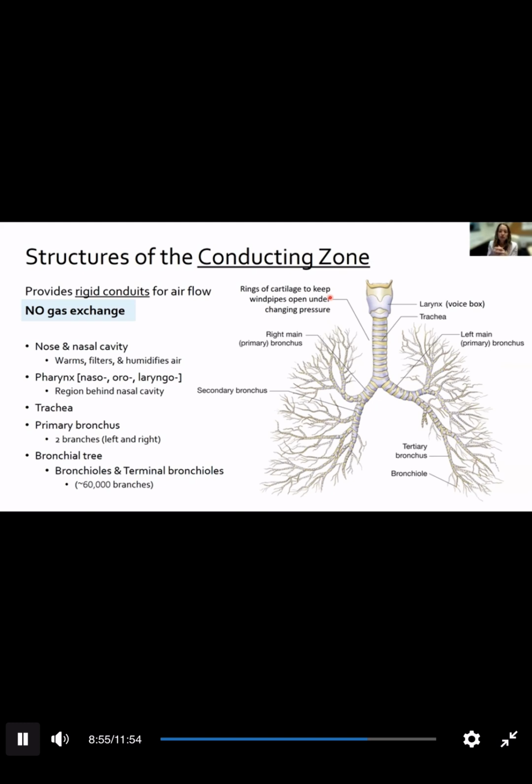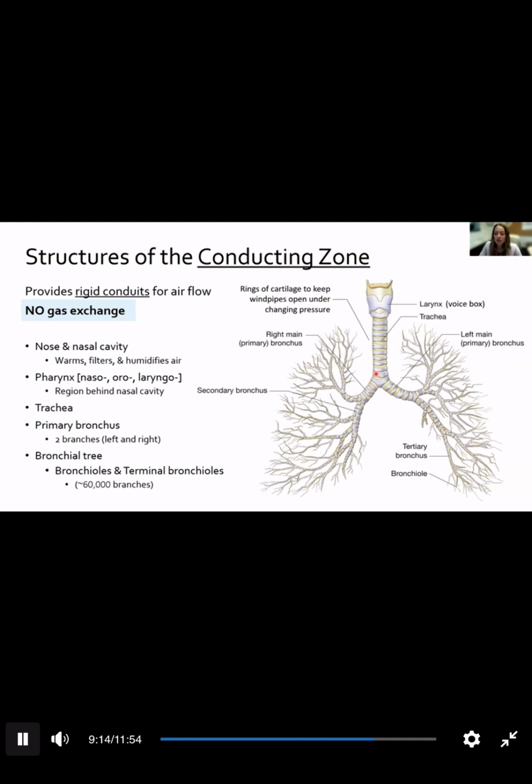All right, so there's a little bit of wiggle room, but mostly it's flexible rigidity within these cartilage rings that allows air to flow from high to low pressure. When there's low pressure, that tube would normally collapse, but the cartilage rings prevent that from collapsing.